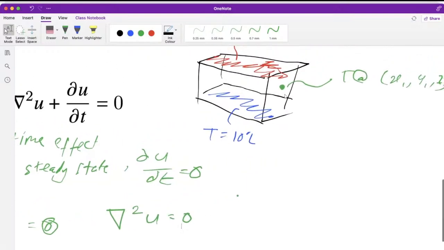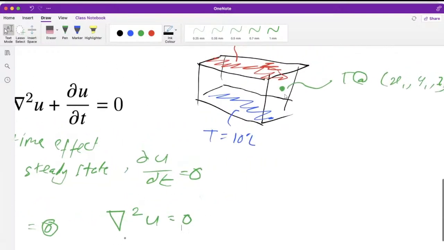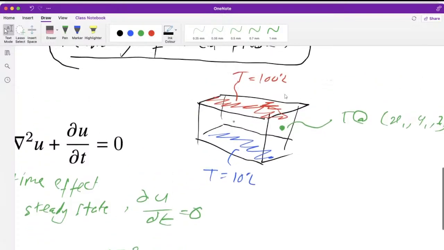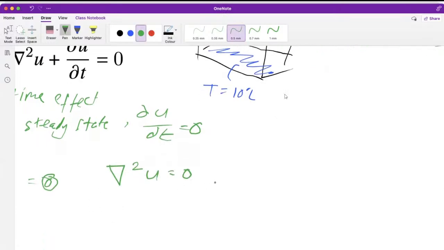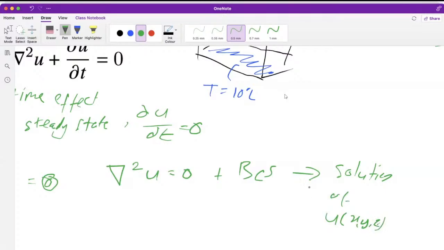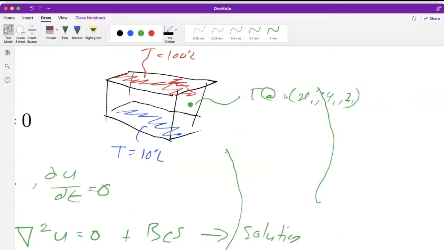This very compact equation describes the behavior of how the heat is being distributed in this solid. When you have this plus the boundary conditions, then you can find the solution u(x, y, z), which now can give you the answer to this problem.